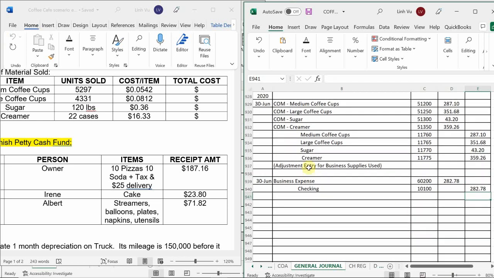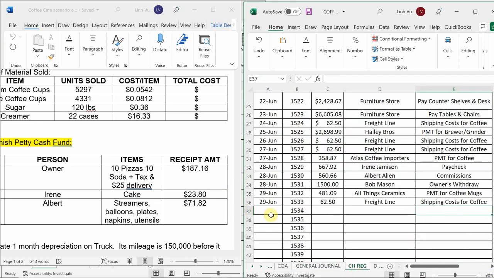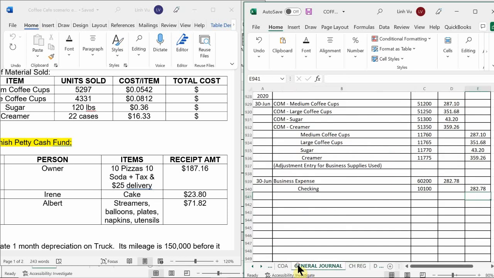Okay? And how do we replenish the petty cash drawer, right? We write a check out. Who are we going to write a check out to? We're going to write a check out to whoever is going to be in charge of the petty cash drawer, which is going to be Miss Irene Jameson. So again, let's double check that. Was it $282.78?